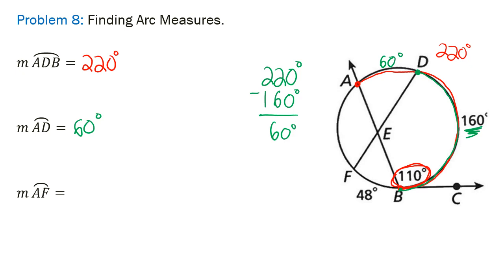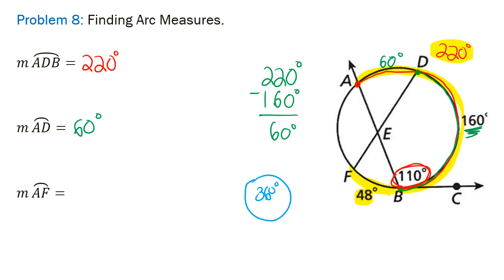All right, the measure of AF. Keep in mind, once again, that a circle is 360 degrees. We know that this section here is 48 degrees. We know this section right here is 220 degrees.